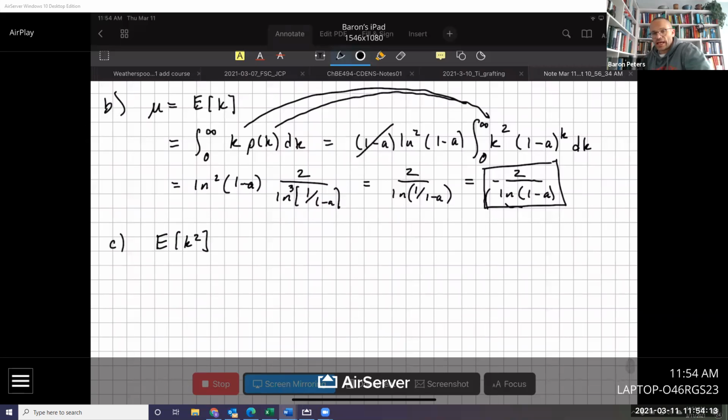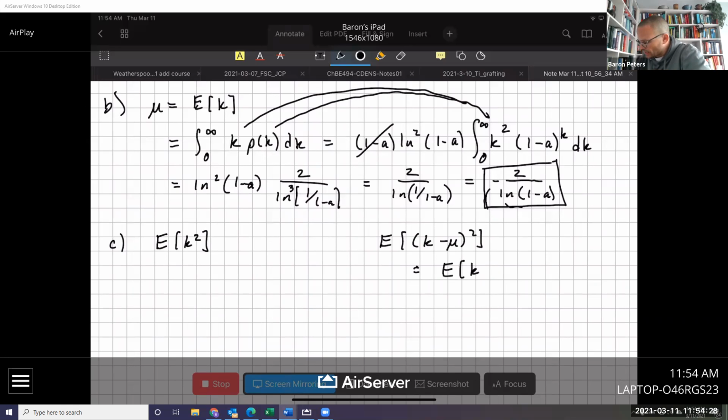All right, so this is not the variance, right? The variance would be this one. Okay, but this is related to the variance because we know we can always do this.